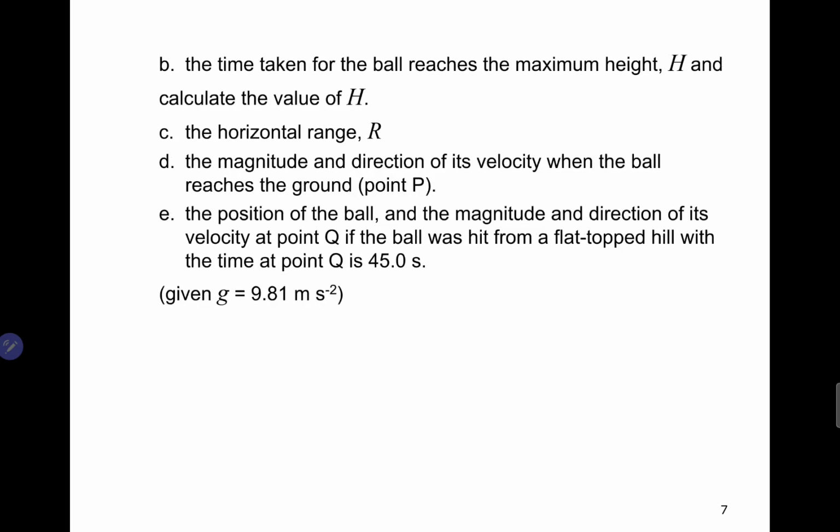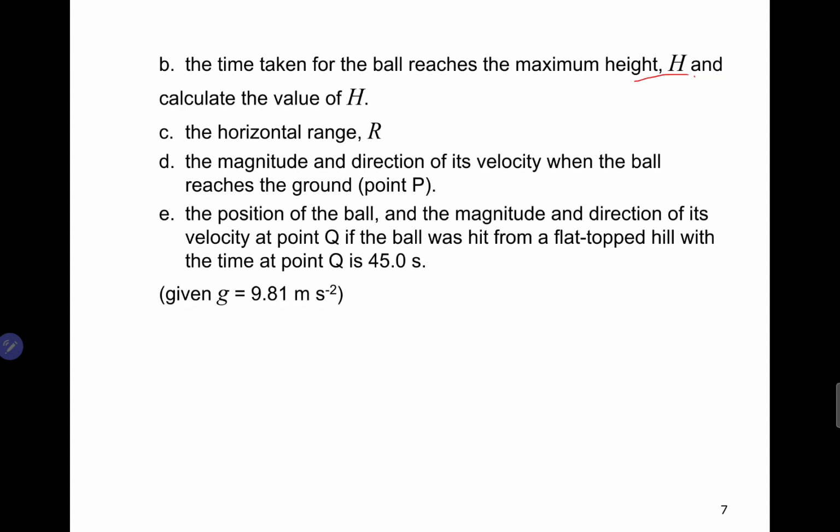Then question B, the time taken for the ball to reach maximum height, and calculate the value of the maximum height. So they want us to determine the time and maximum height. C, horizontal range.